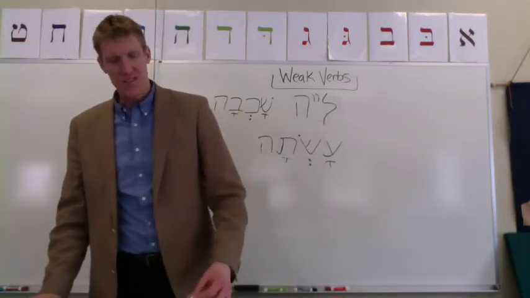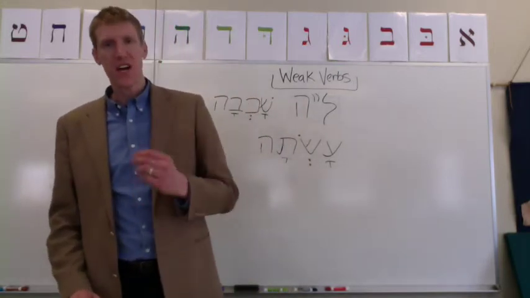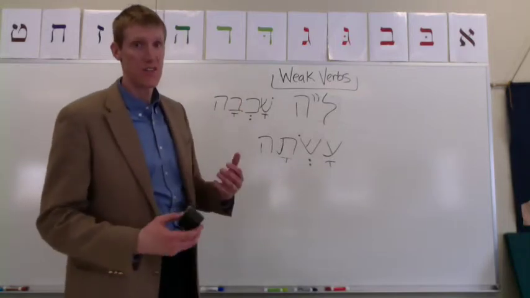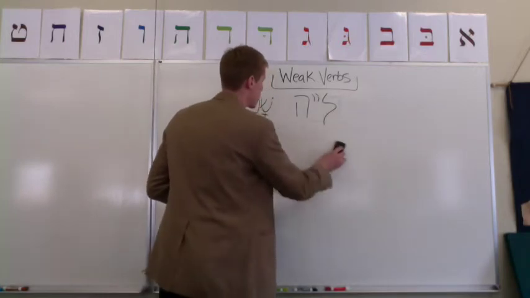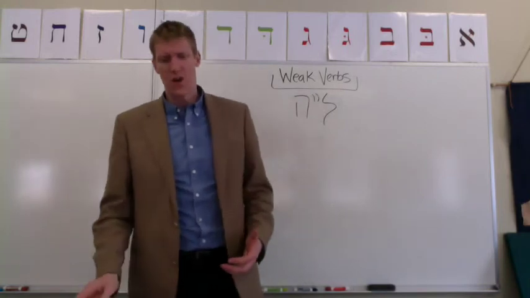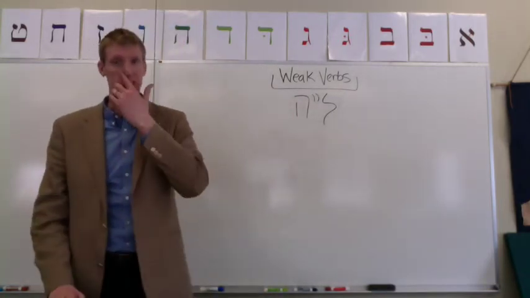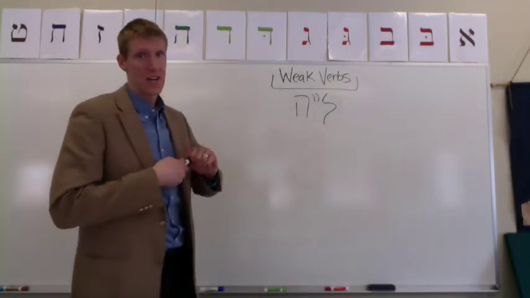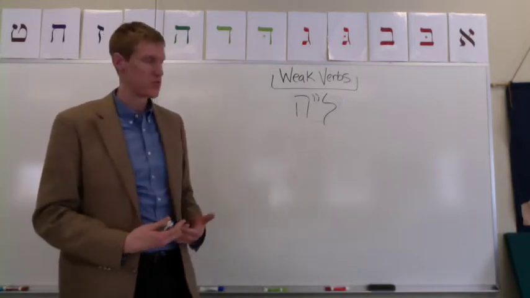Finally, number 5, this is on the top of page 158 now. In the infinitive construct, the sign of the infinitive construct within the lamid hey, or maybe a better way to put that is when you have a lamid hey verb that appears in the infinitive construct, it will have a unique sign beyond the normal sign, which is usually the presence of a preposition attached to the verbal root.